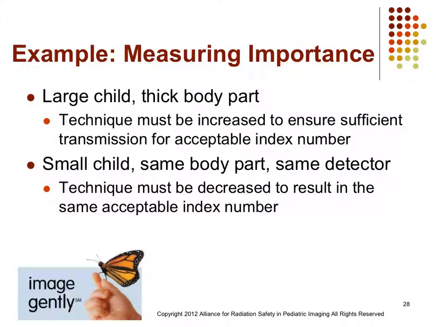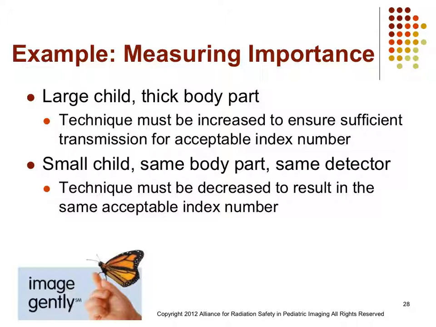So every body part will have its own unique acceptable range for what that EI value is, and that's why you're not going to memorize those EI values, because essentially every part is going to be unique, and it's going to be derived based on the thickness of that part. So no need to memorize EI at this point, and that's kind of why I said earlier, DI, or deviation index, is going to be the most important thing.